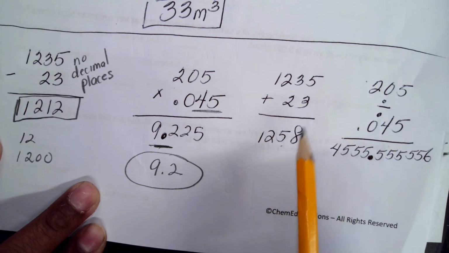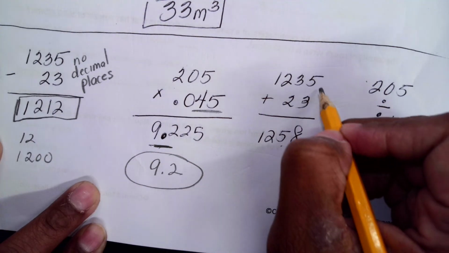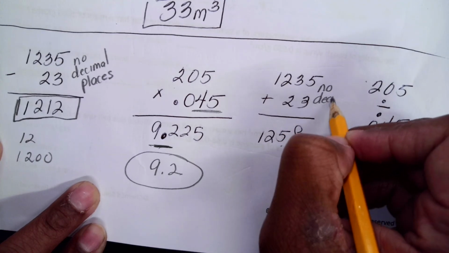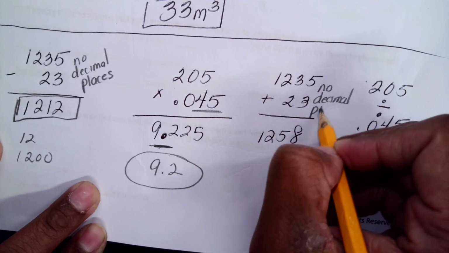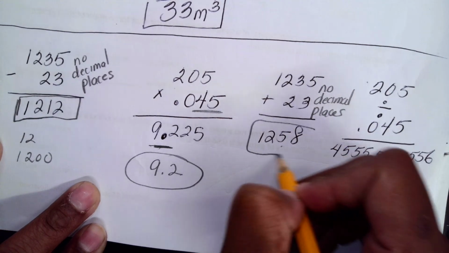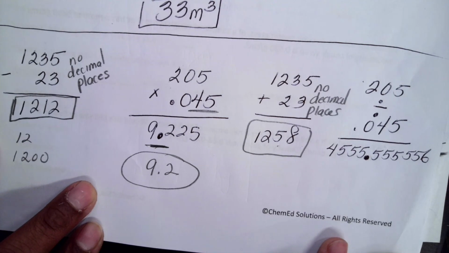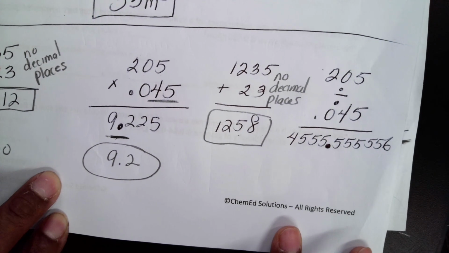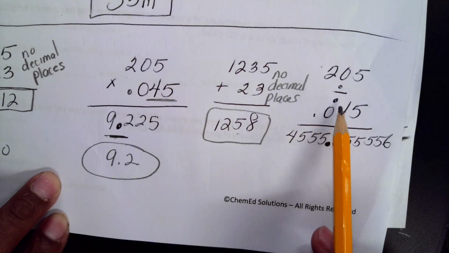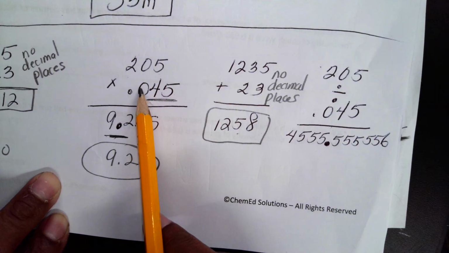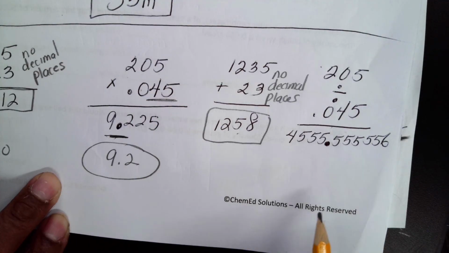Number 3, it's going to be just like number 1. There's no decimal places, so we keep the answer as is. And the last one, it's going to be just like the second one. We need 2 sig figs.